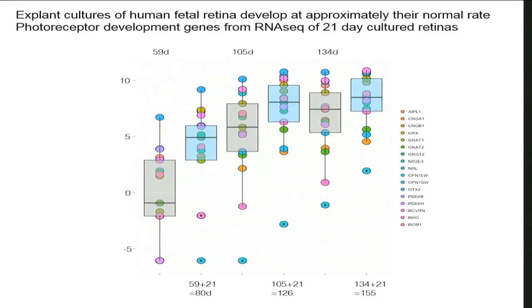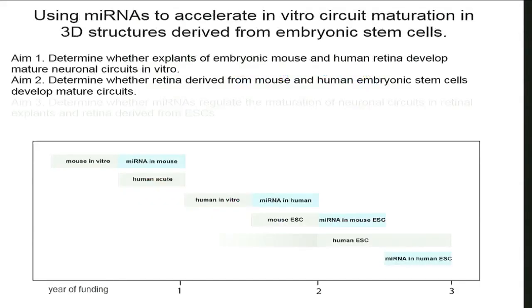This is the 59 in vivo. This is the 59 plus 21. And so you can see for these rod genes, these photoreceptor genes, they're developing normally. And similarly with the other ages, we can keep tracking. So we can take a 134-day-old human retina and then culture it for 21 days, and it continues to develop. So I think in terms of these explant cultures of the fetal retina, we find that their development is proceeding just fine in vitro.